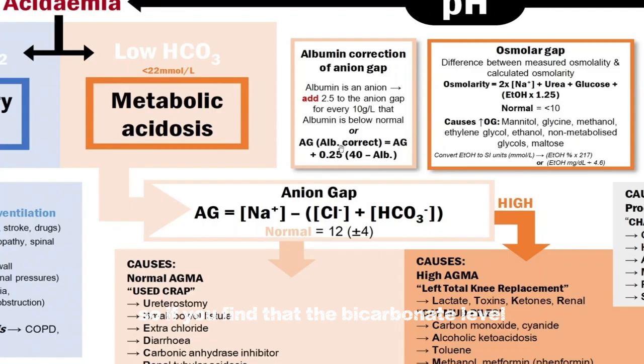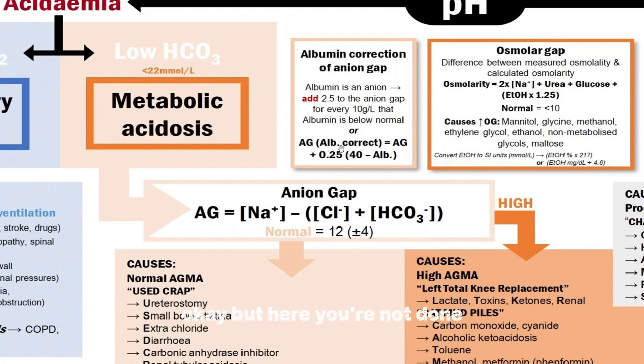If you find that the bicarbonate level is less than normal, you said the normal is 22 to what? To 26. So if you find that the bicarbonate is less than 22 millimole per liter, then it means that there are reduced bases, and if the base is reduced in your blood, you're going to have more of what? H plus ions remaining, and therefore that is going to cause what? Acidosis. And because it's a metabolic problem, it's the kidneys that are causing it, we call it metabolic acidosis.